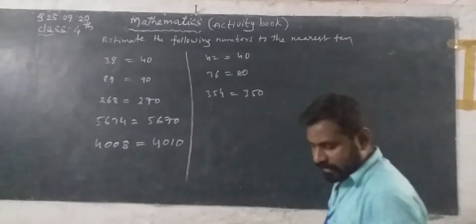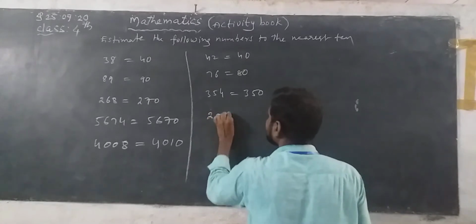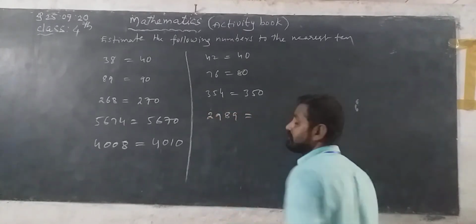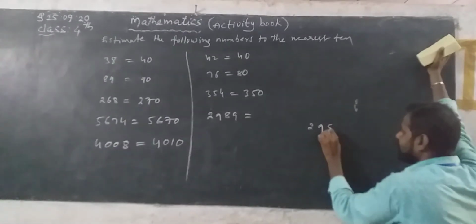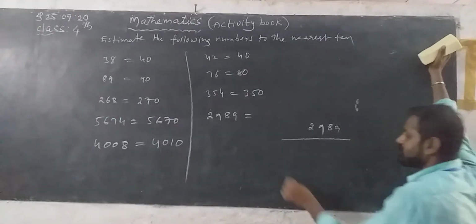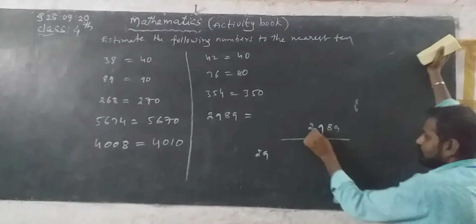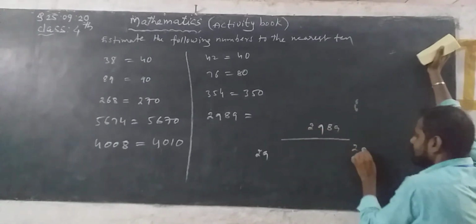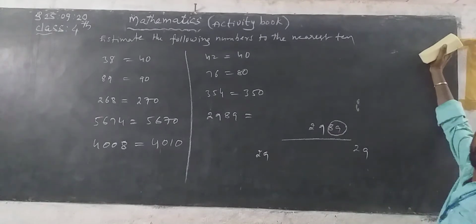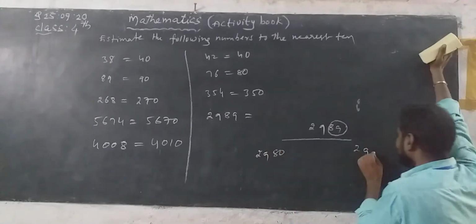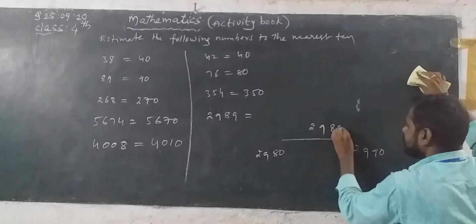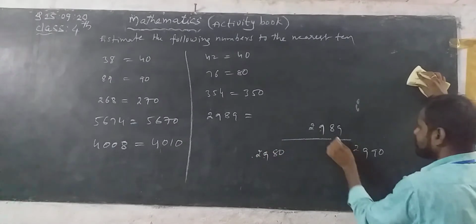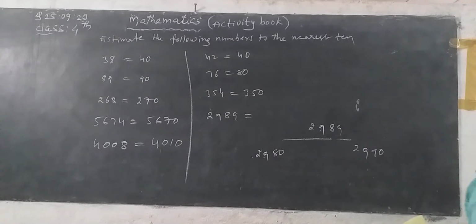Now next, 2989. See. 2000 same, 900 same. 89 lies between 80 and 90.